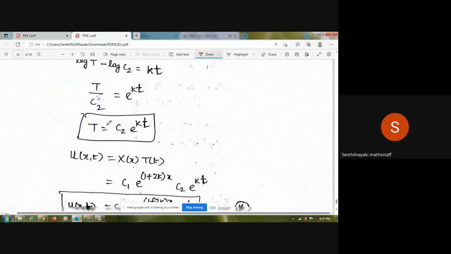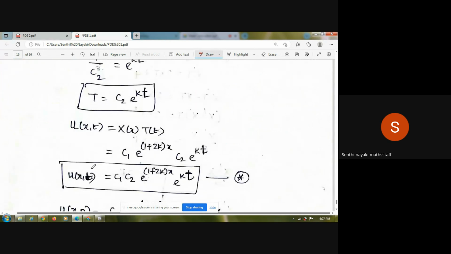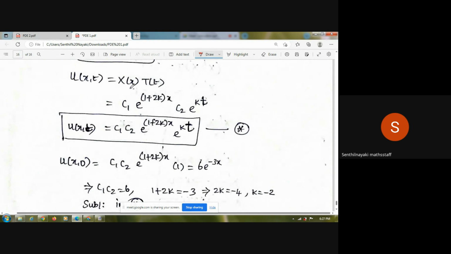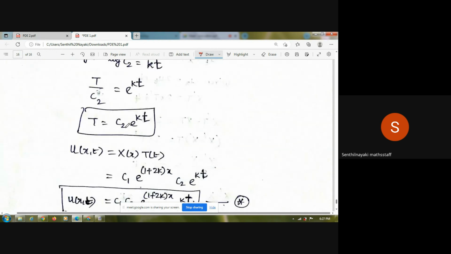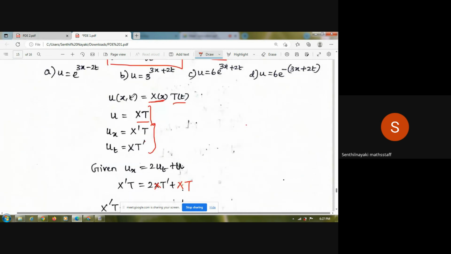So now we are getting the solutions for X and T. Now we can substitute into the assumed solution. So u of x comma t equals X of x into T of t. This term only we initially assumed.